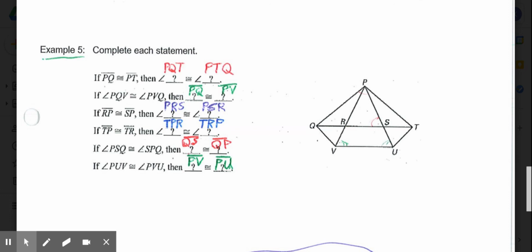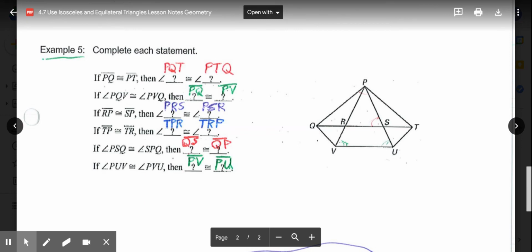If angle PSQ is congruent to angle SPQ, so PSQ and SPQ, then we know their opposite sides must be congruent. So opposite PSQ would be QP, and opposite SPQ would be QS. So in that case, QS and QP are congruent.